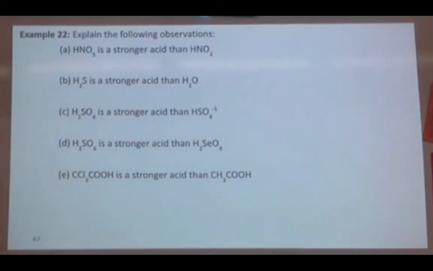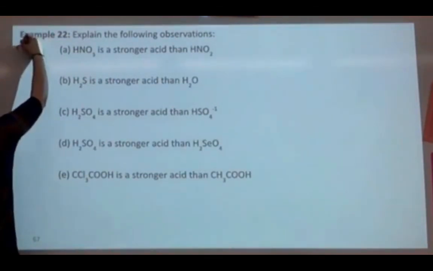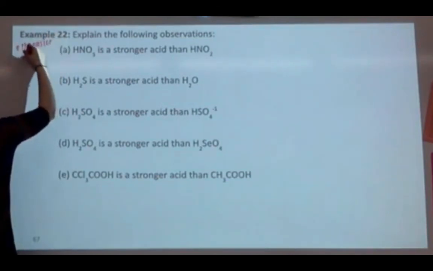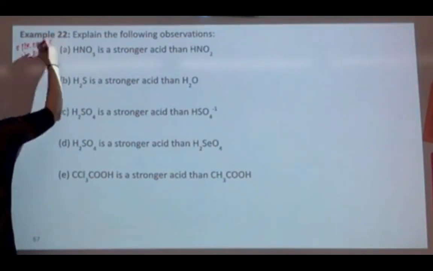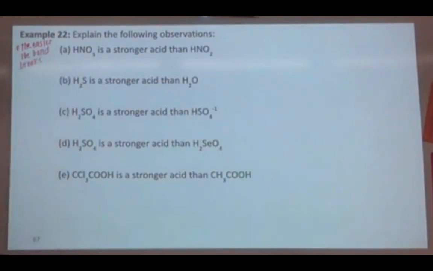Something I want you to keep in mind is that the easier the bond breaks, so we have hydrogen bonded to something, remember that a strong acid completely ionizes, it completely breaks apart.